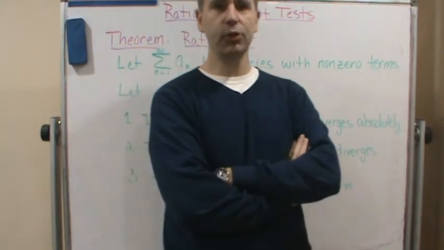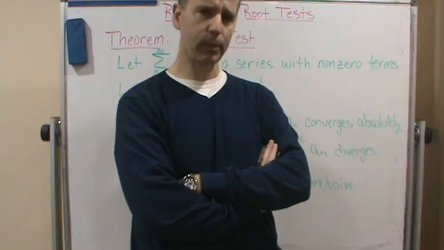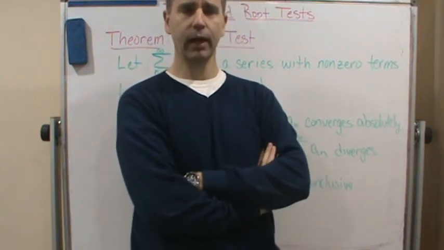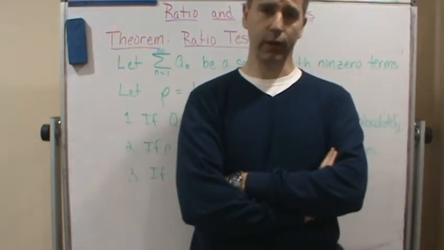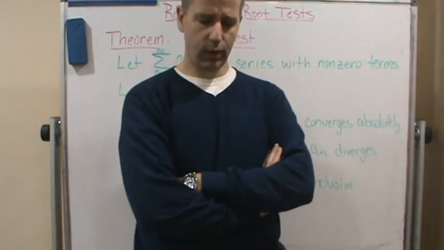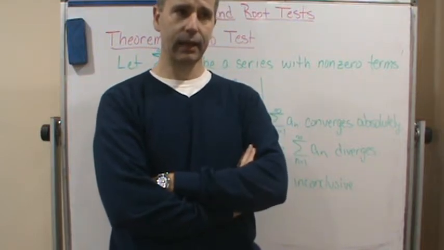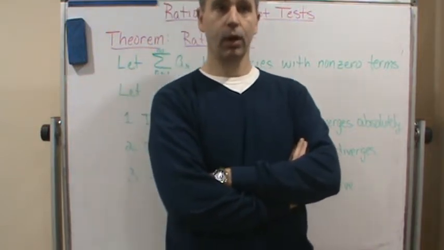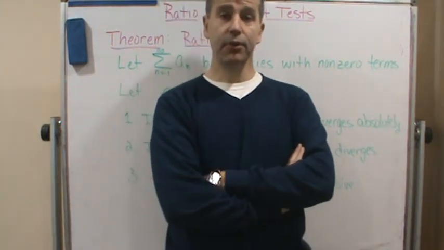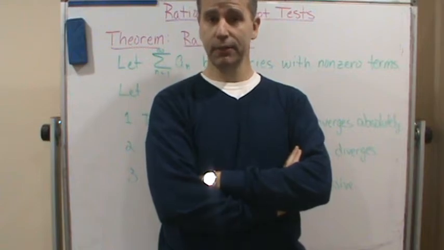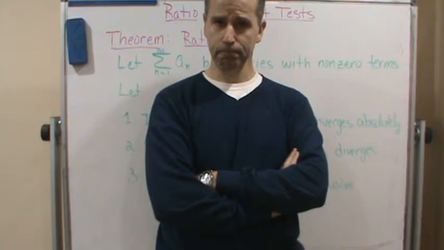Because we can use this to test things like, for example, the harmonic series 1 over n, and compare that to the series 1 over n squared. The issue wasn't that the terms don't go to 0, because remember, the nth term going to 0 was not a sufficient condition for the series to be convergent. Remember that?